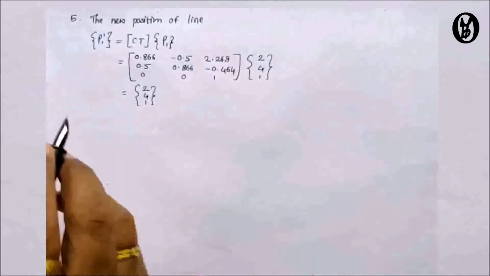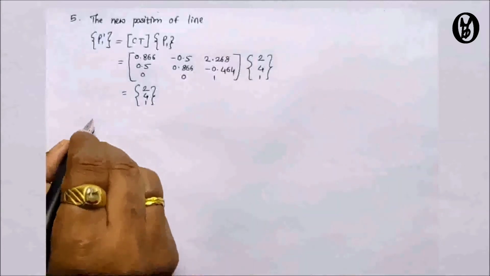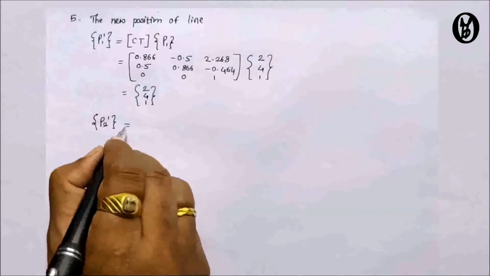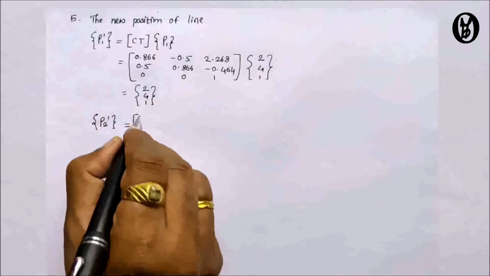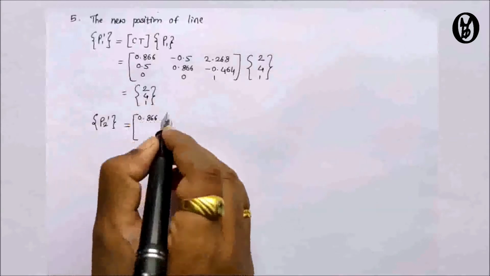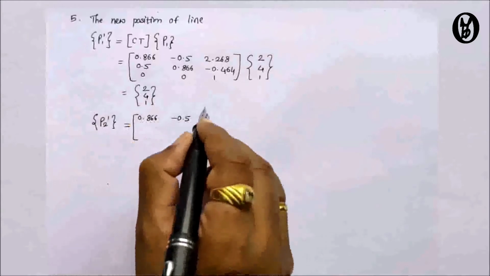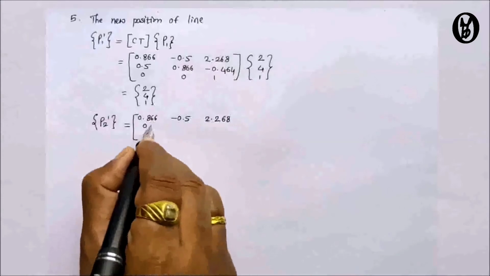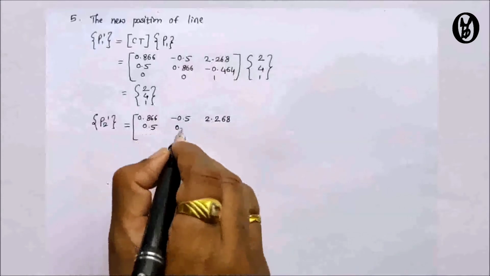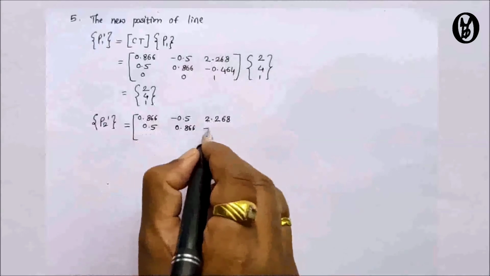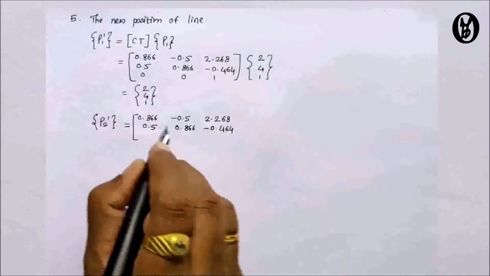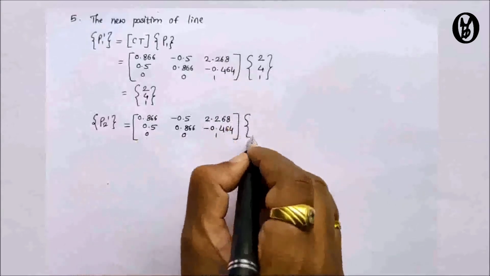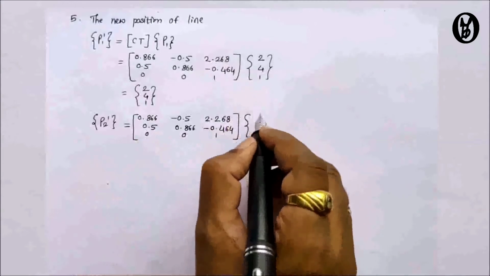Similarly, we can find out P2 dash. Here again we will write the homogeneous coordinate.